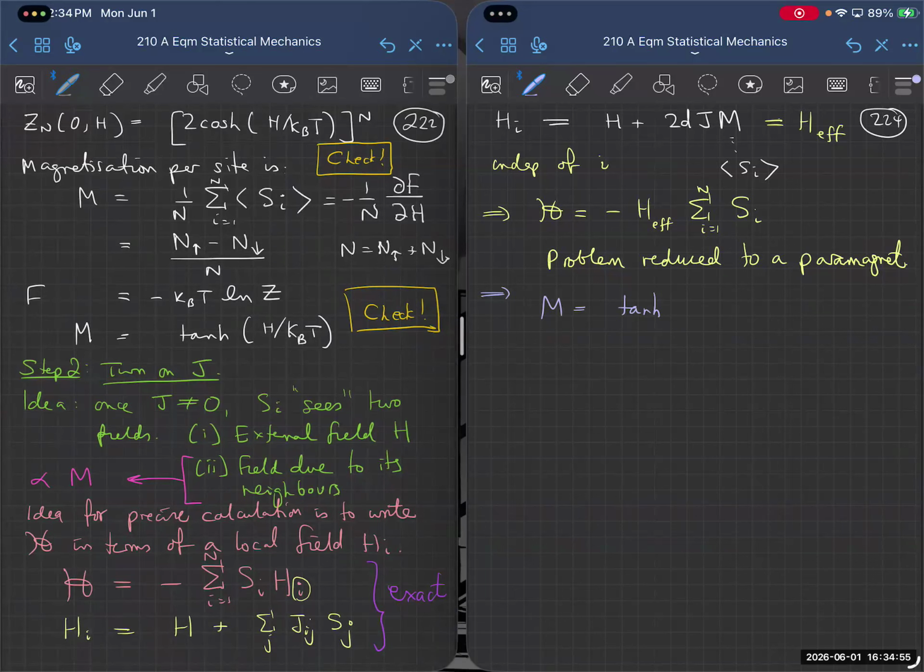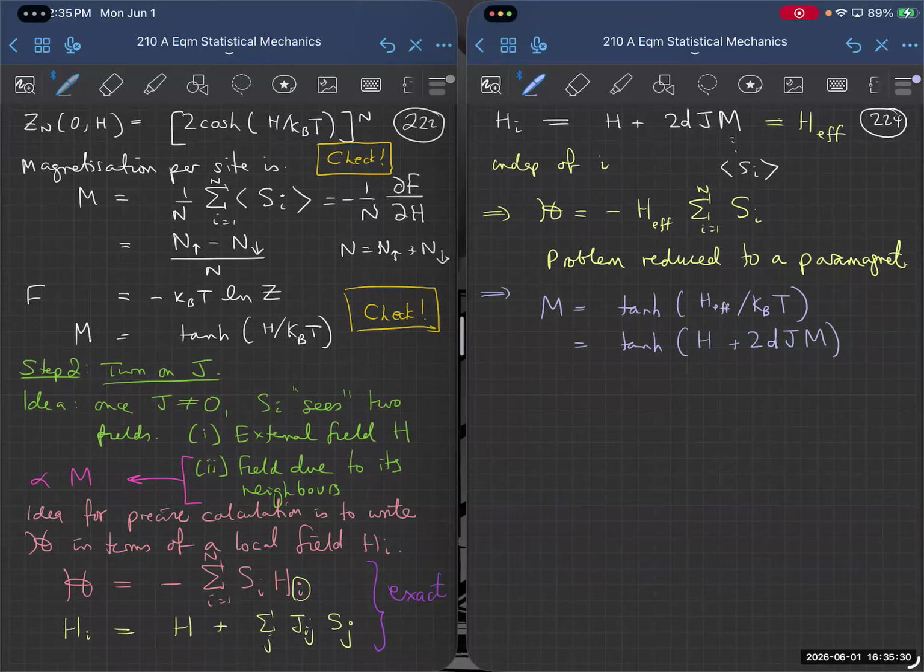In the middle here of the page, on the left-hand side, right here, what I have is that the magnetization is tanh of the external field over kT, but now our external field is this effective external field over kT. And so that is equal to the hyperbolic tangent of h, the external field, plus 2dJm, over kT.